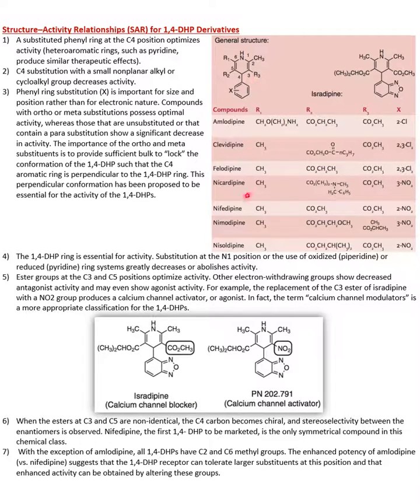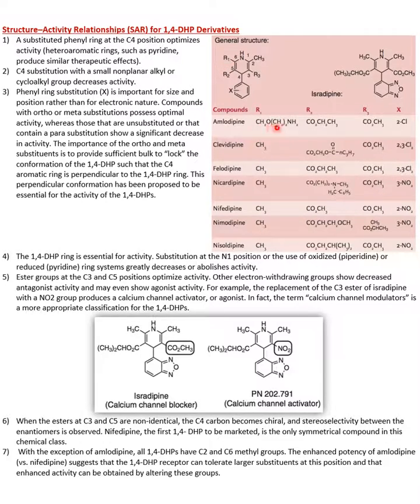Now, the last point about the structure activity relationship is that the size of the group here at R1, which is right here, if we increase the size of this group, it would enhance the potency. In fact, all the molecules except for the amlodipine have CH3, which is a small group here at R1.